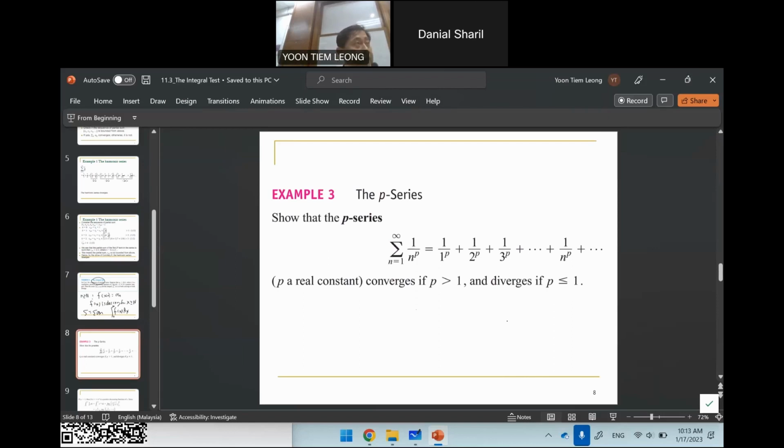Now the p series is like this. The p series is a sum of the term 1 over n, in which n is raised to a constant p. Here p is a fixed number, and the variable is n, which runs from 1 to infinity. But p could either be 1, larger than 1, or less than 1, so there are only three possibilities for p.